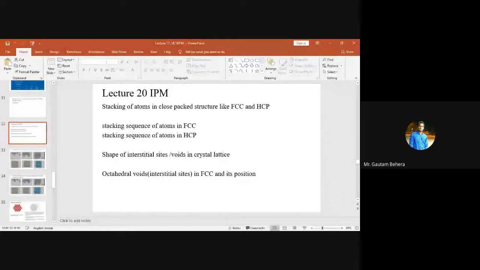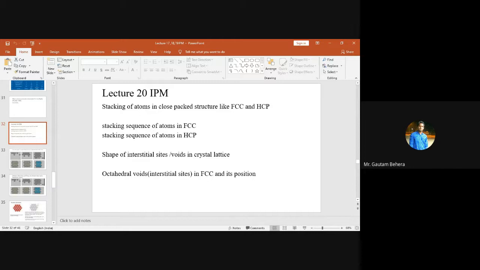Similarly, in BCC we have 68% packing efficiency, or atomic packing factor of only 0.68. The rest of the space will be voids. Those voids are called interstitial voids, and they are important because some small atoms can stay there and cause a strengthening effect. That kind of strengthening effect we can discuss later.